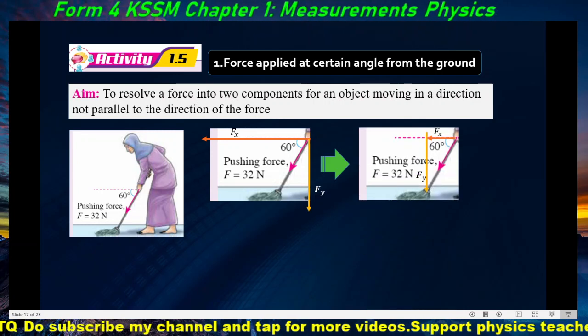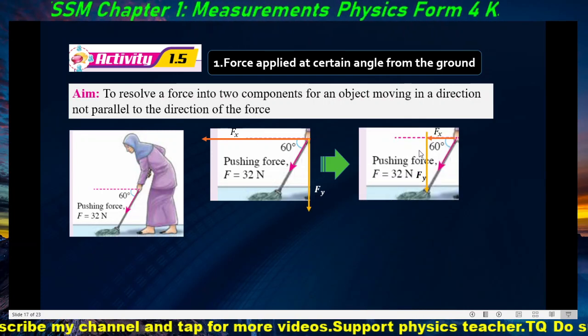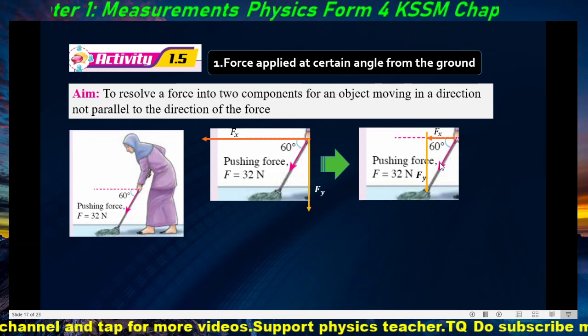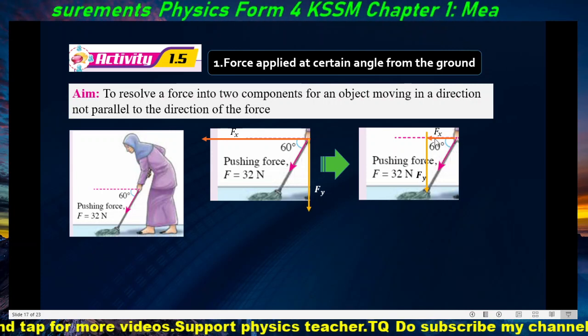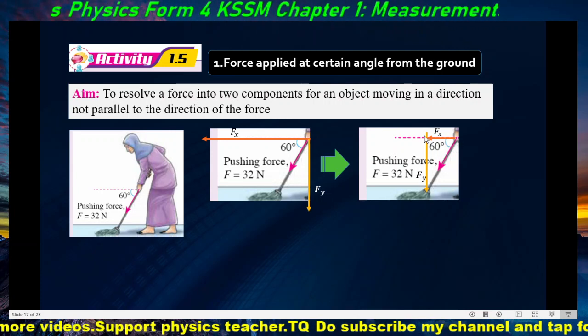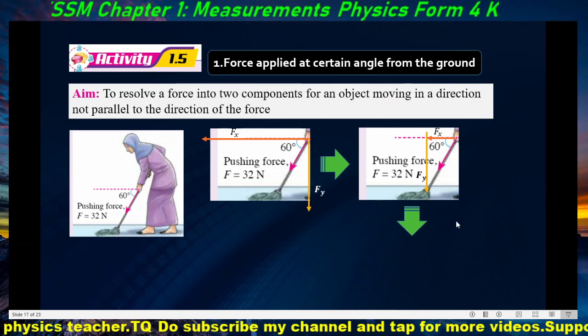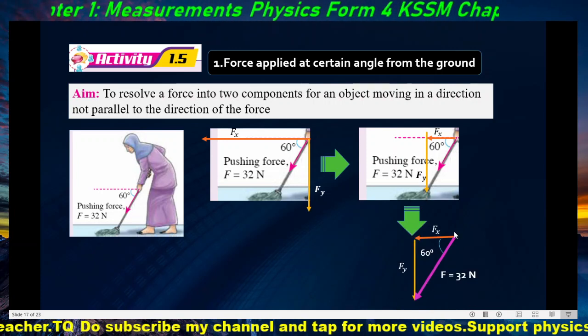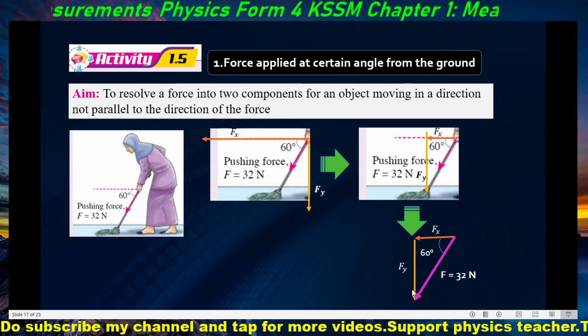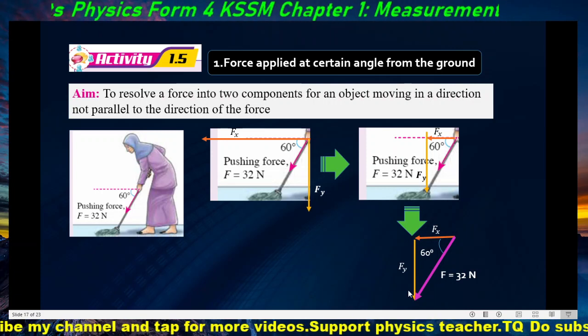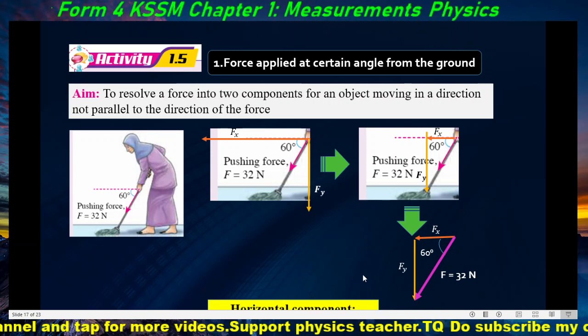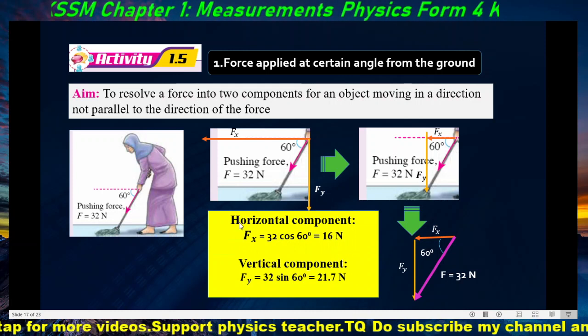Now we want to calculate. We draw a vector triangle. So this one becomes Fx, and the vertical side becomes Fy. It forms a right angle triangle. Then we can use the formula.